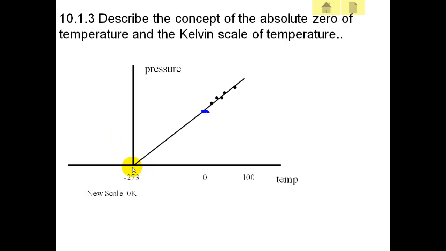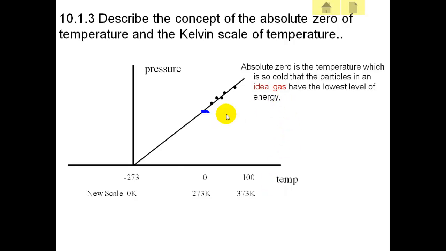So what is the significance of this point, minus 273? This is the absolute coldest temperature you can have. We call it 0 Kelvin or 0 degrees absolute. Now, 0 degrees Celsius is 273 Kelvin and 100 degrees is 100 degrees more than that, so it's going to be 373.